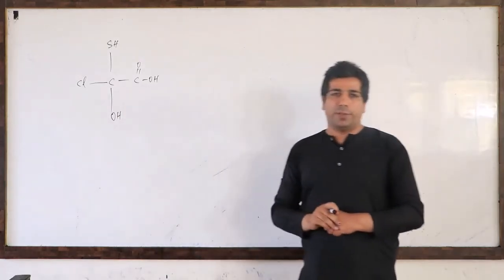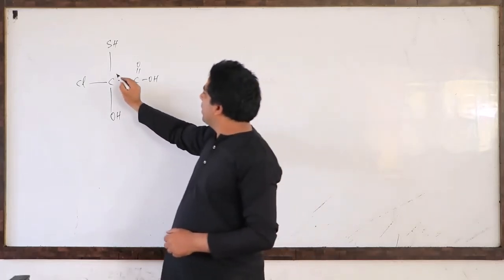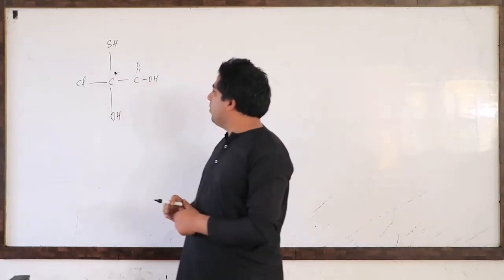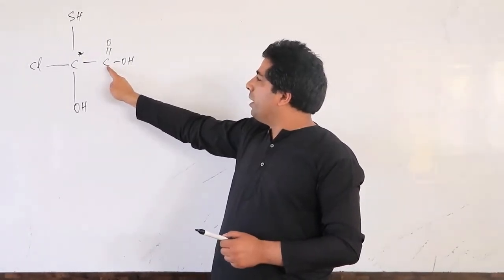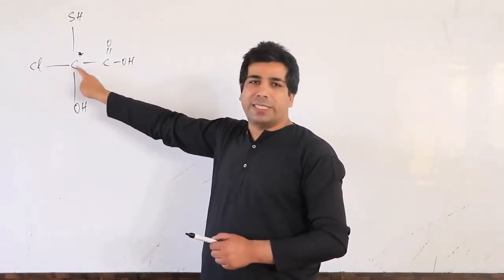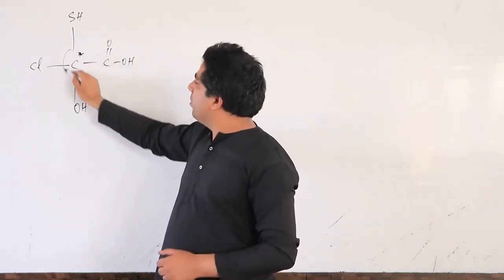So this is your molecule, and you know that this is your chiral carbon. Remember, the numbering will always start from the carboxyl group. So numbering will be 1 and 2, and this chiral carbon will be your second carbon.